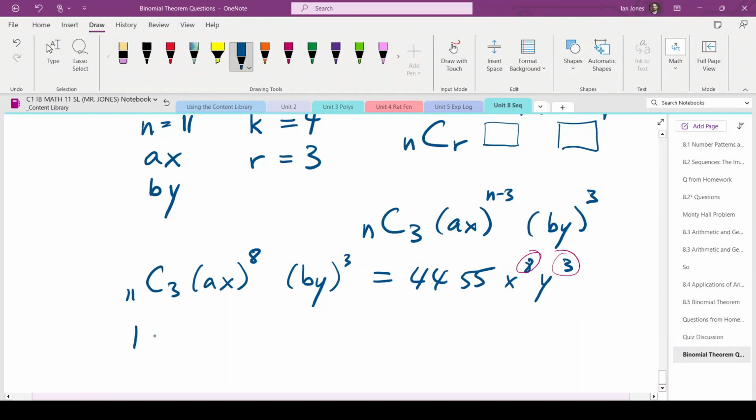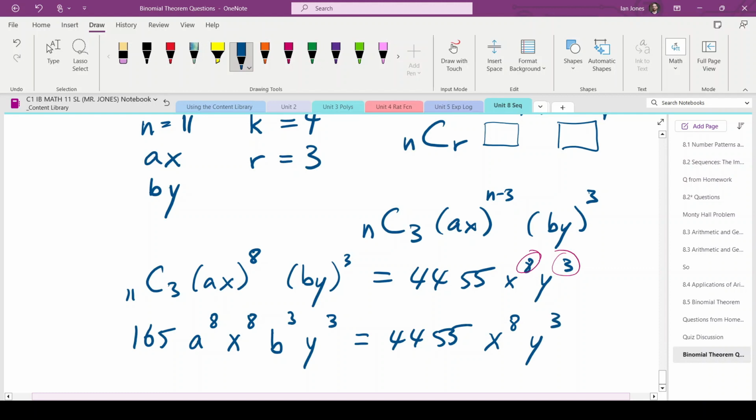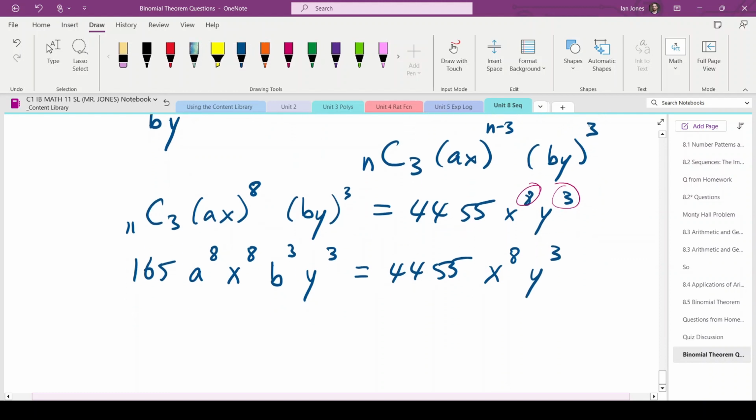So I have 165 a to the 8, x to the 8, b cubed, y cubed equals 4,455 x to the 8, y cubed. Okay, so far so good. I could divide both sides by 165 to make things a little bit simpler if I wanted. I'll write it out this way just so that it's crystal clear for you.